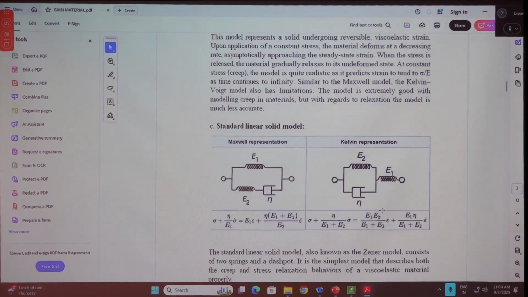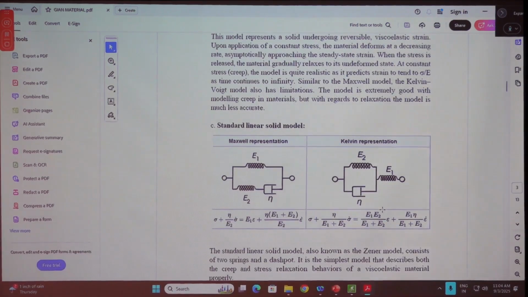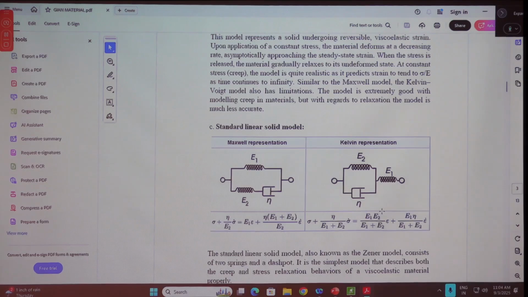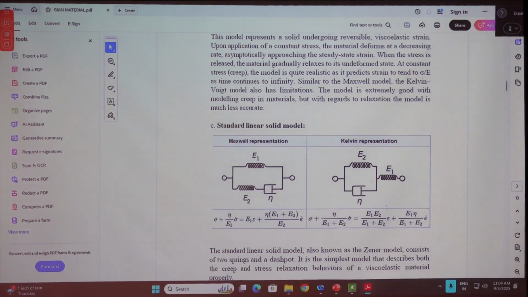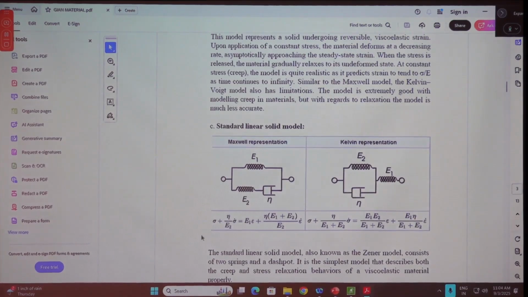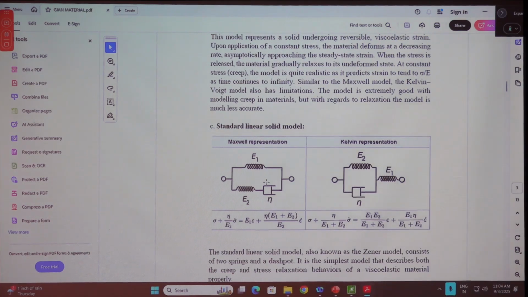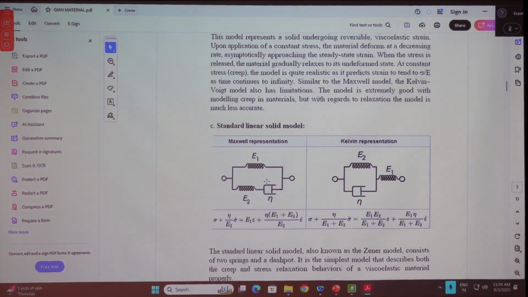Now when we consider the Jenner rheological model, it can be like this or this, both are the same. Either the Kelvin-Voigt model in series with the spring element, or the Maxwell element in parallel with the spring element. The standard linear solid model, or the Jenner rheological model, can effectively capture both important phenomena, creep and stress relaxation.